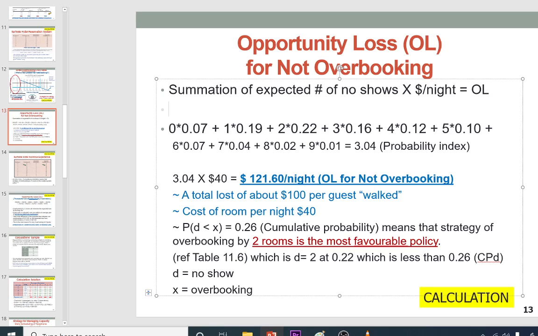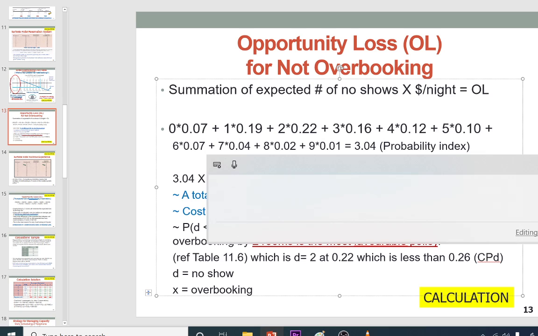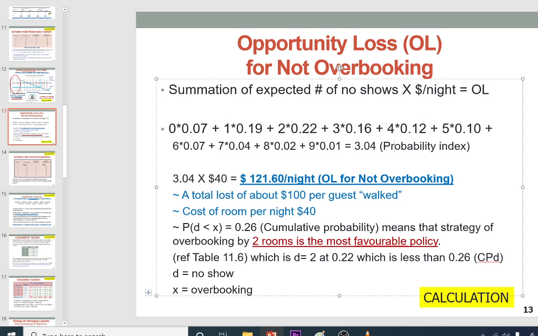So the accumulated probability index is 3.04. You multiply this probability index by the cost of staying at the hotel, $40 per night, so you will have a total sum of $121.60 per night. This is the opportunity loss for not overbooking, if the customer doesn't show up.